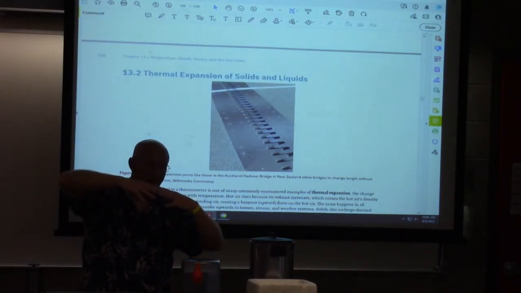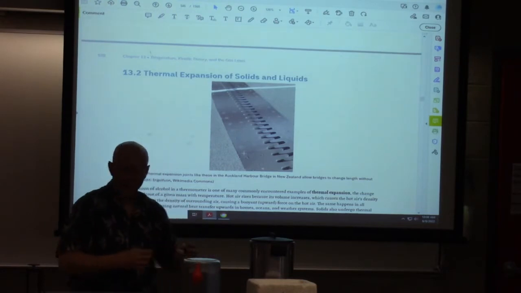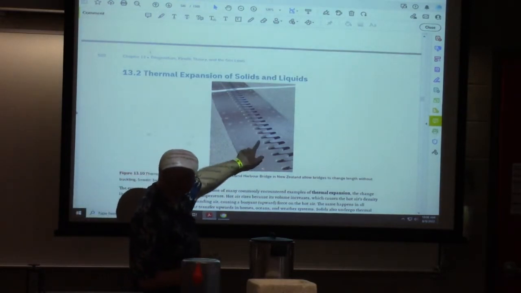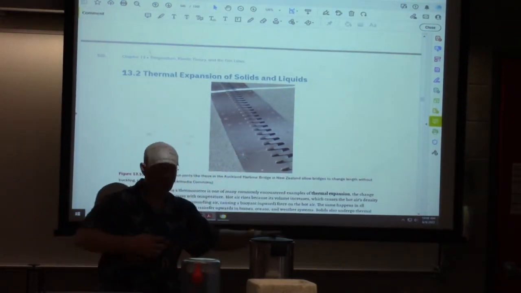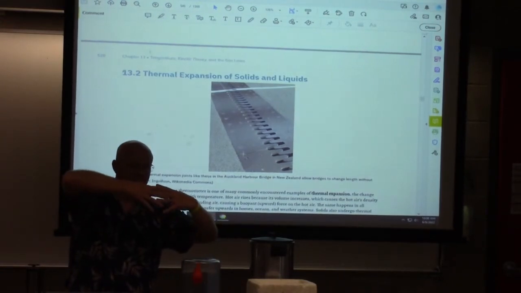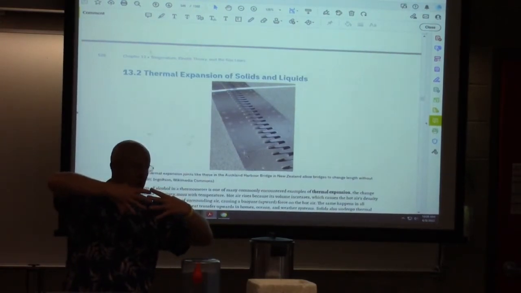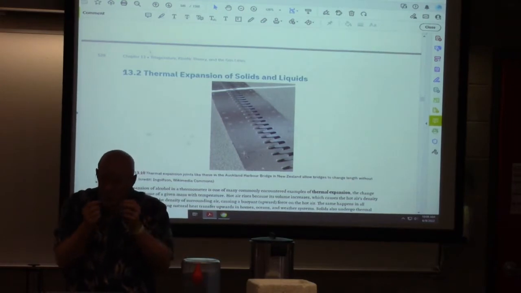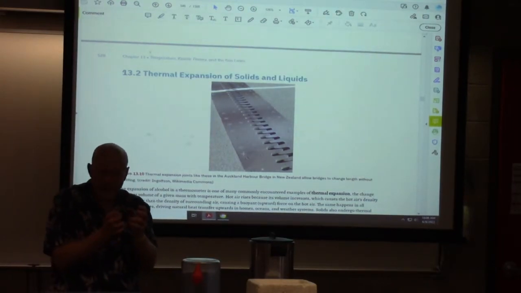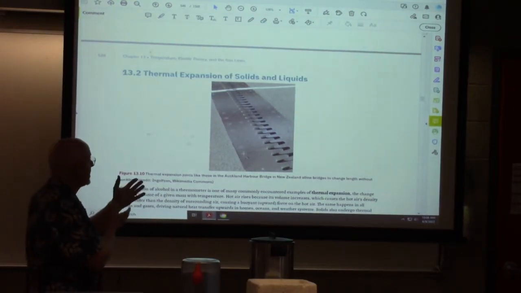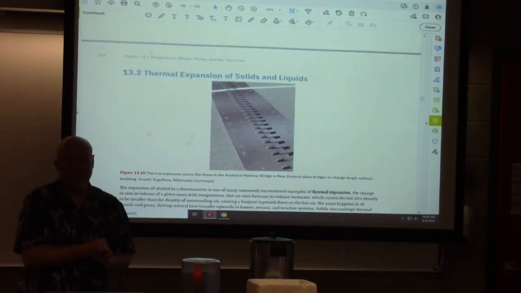That way, when the bridge grows, on a hot day, it'll look like this. And so this photograph was probably taken on a cold day, because now the bridge has pulled back like this. And you need room in your design, in your engineering, to account for that thermal expansion.